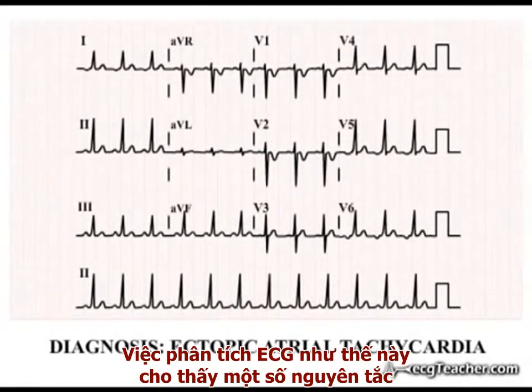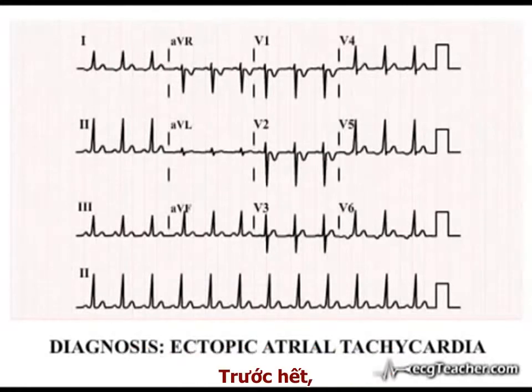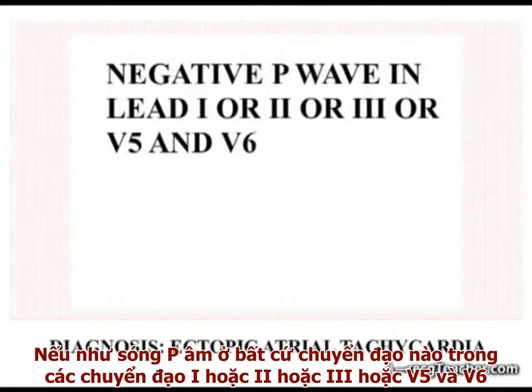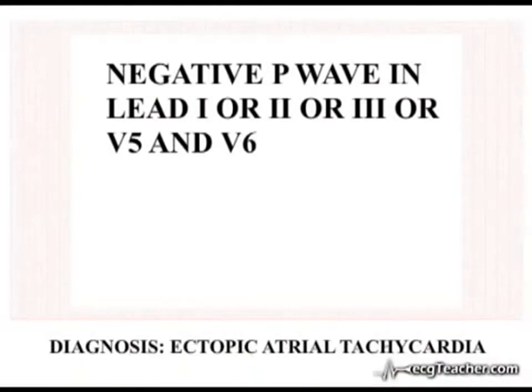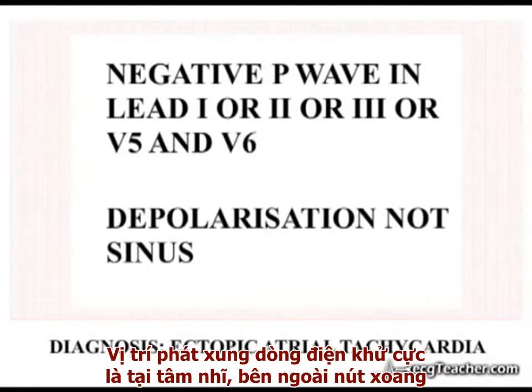Analysis of this ECG illustrates a number of principles. Firstly, in general, if P waves are negative in any of leads 1, 2 or 3, or V5 and V6, the origin of atrial depolarization is ectopic, that is, it lies outside the sinus node.